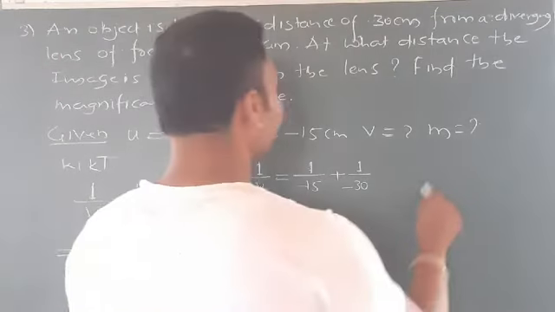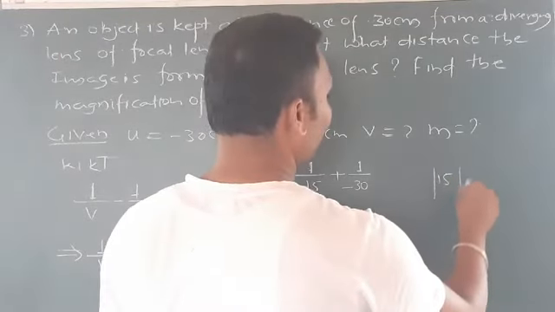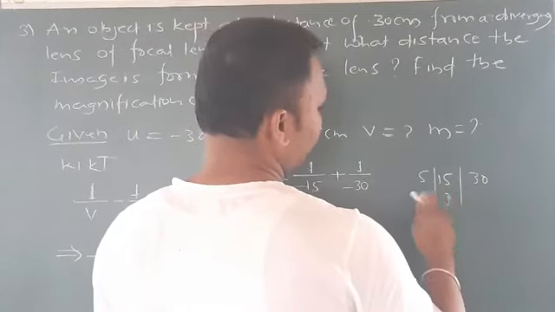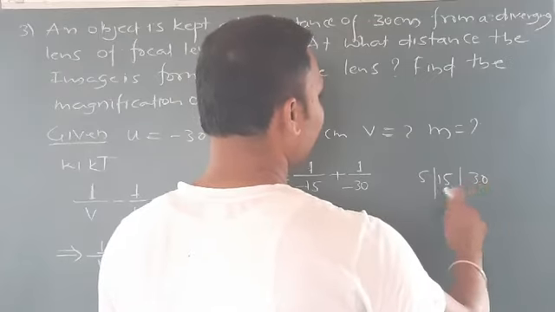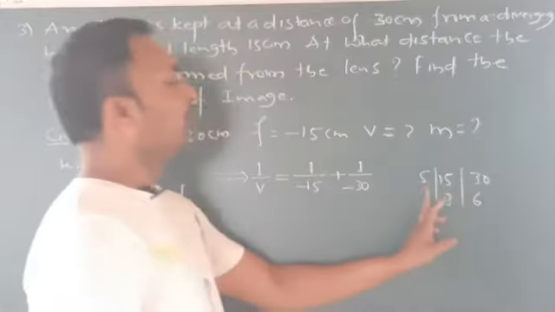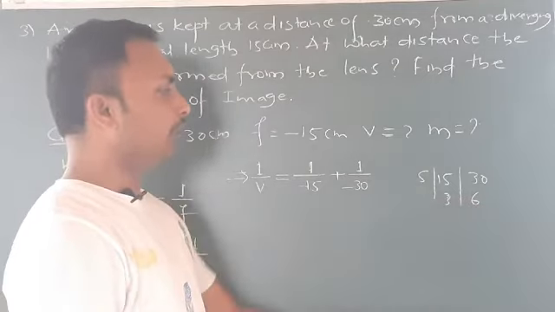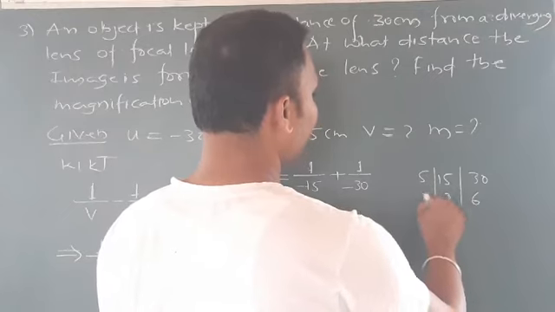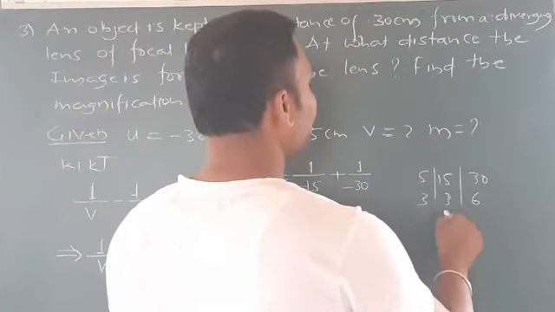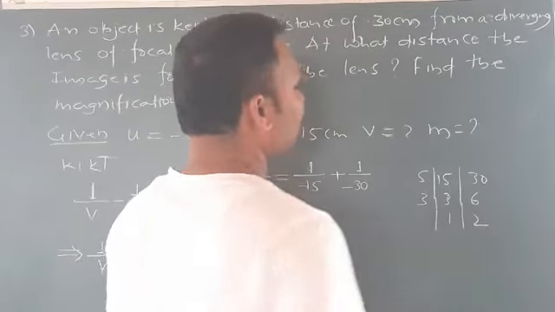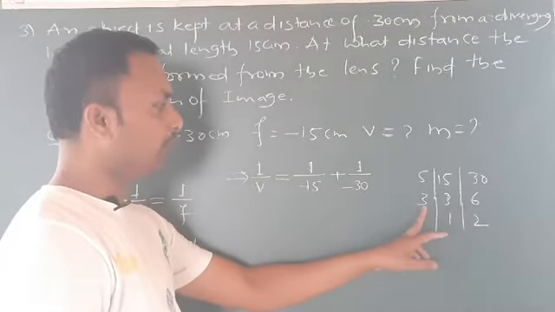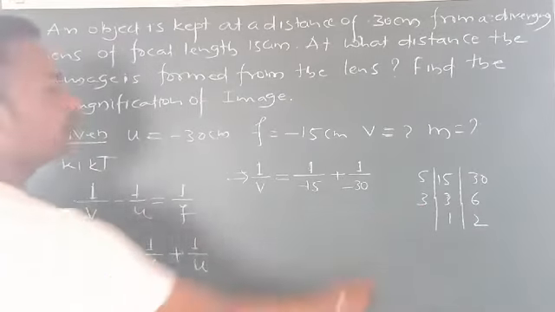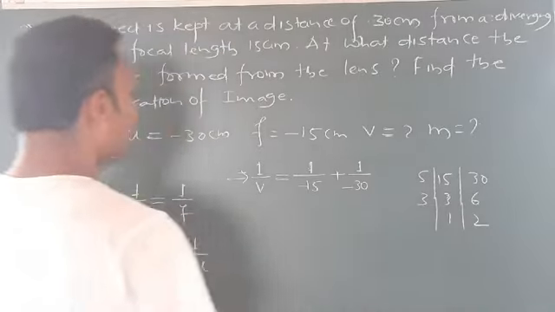What is the LCM of 15 and 30? 15 is 5 threes and 30 is 5 sixes. 6 into 3 is 18, and 2 into 1 is 2, 2 into 3 is 6, 6 into 5 is 30. So 5 into 3 is 15, 15 into 2 is 30.